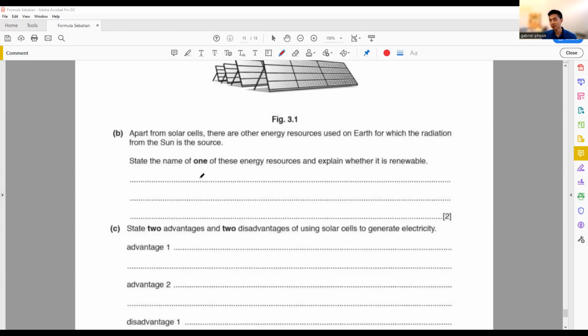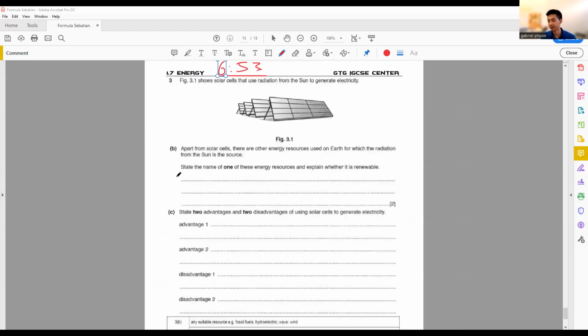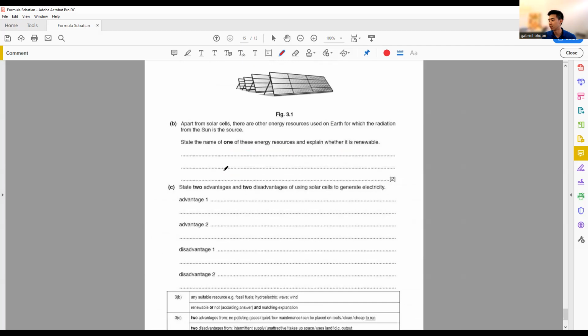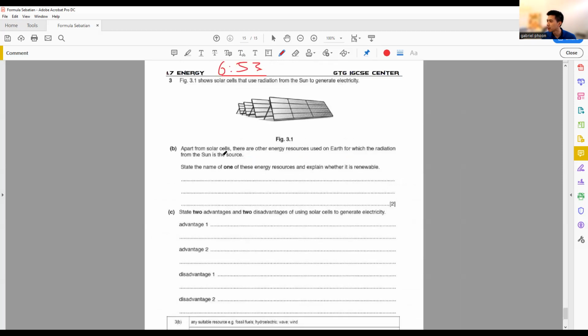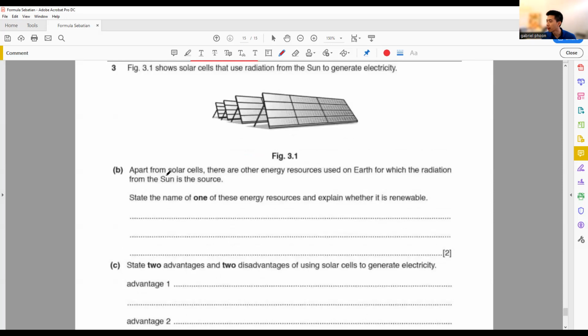Teresa, are you done with this question? Yes. Oh, good, very good. State the one, wait, check answer. State the one energy resource and explain whether it's renewable. For sure, you can write anything. State one of the energy resources. One, apart from solar.